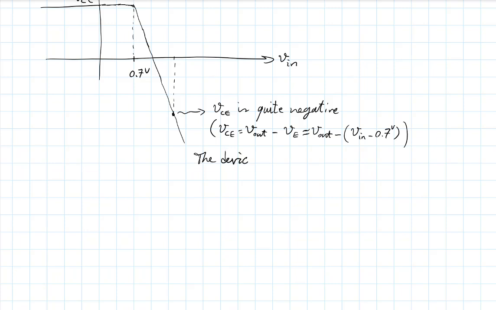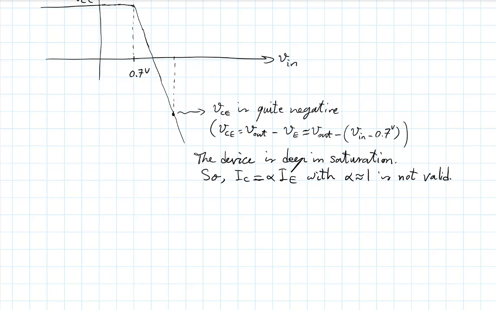The device is deep in saturation. So the assumption that IC equals alpha IE, with alpha being approximately 1, is not valid anymore.